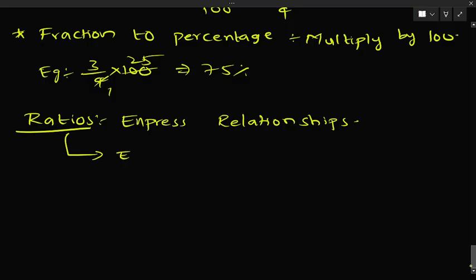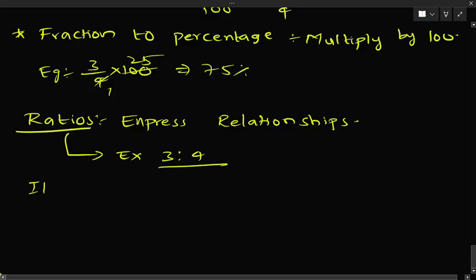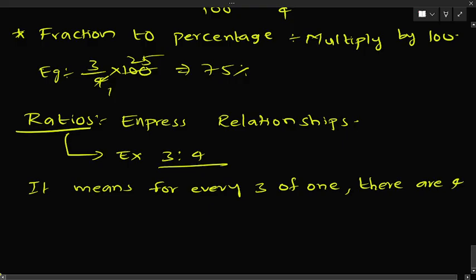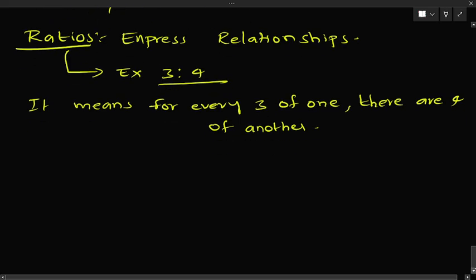For example, if I consider 3:4, what is written here, 3:4, means for every 3 parts of one there are 4 of another. This is nothing but ratio.